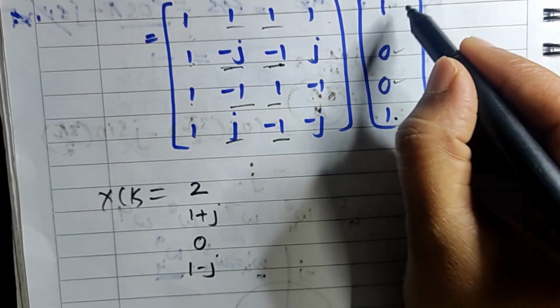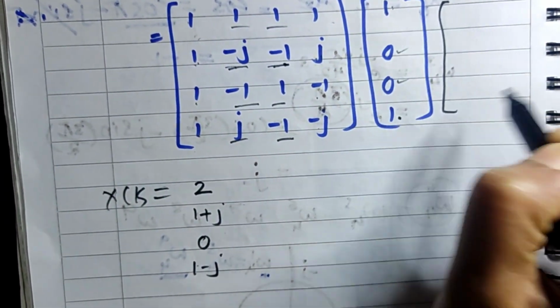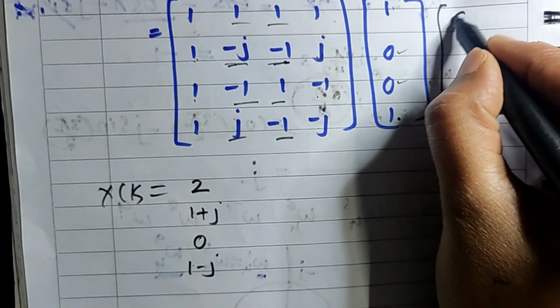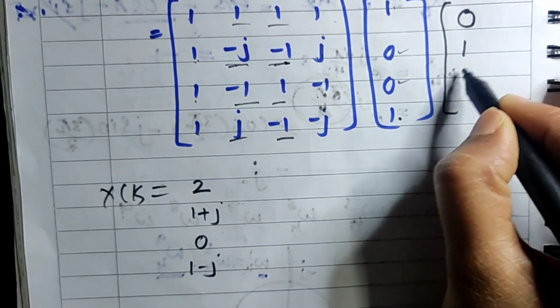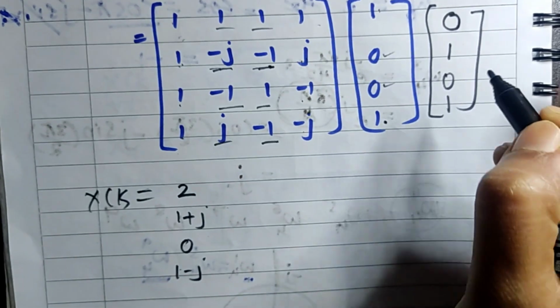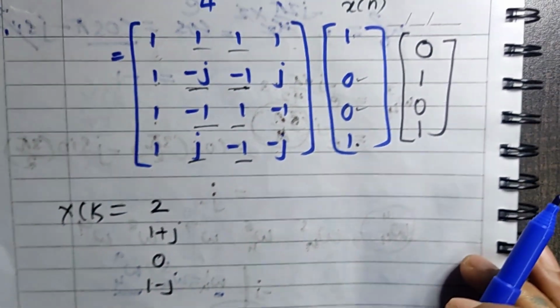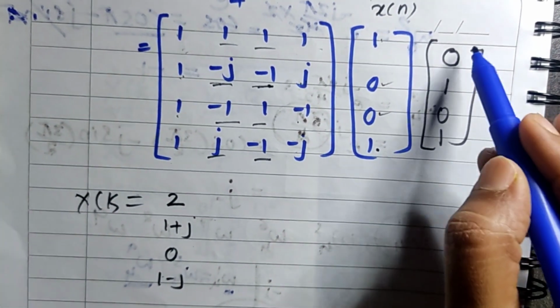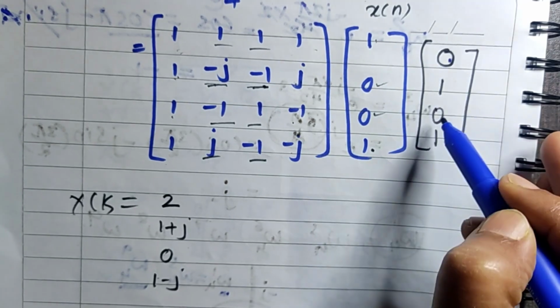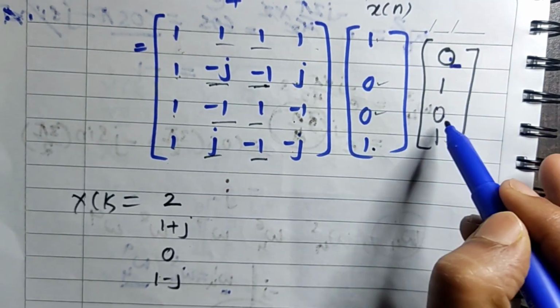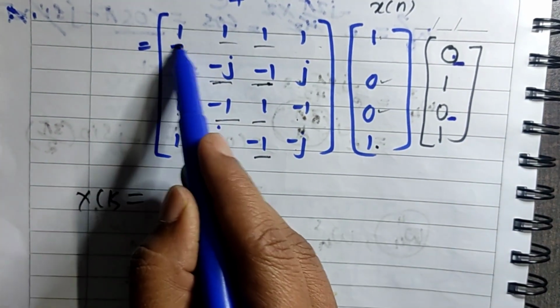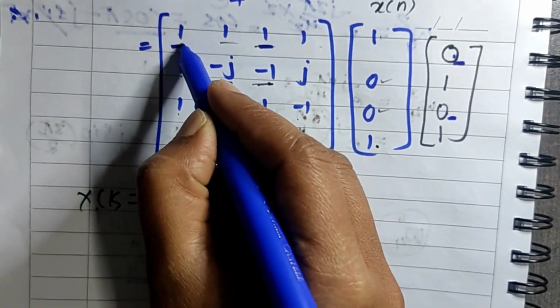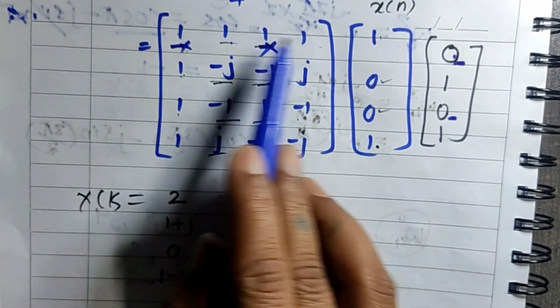Similarly, we'll consider another sequence now, 0 1 0 1. Now tell me which elements are not going to be picturized. See, 0 0, it means the first and third elements will not be included. Only the addition of these two.